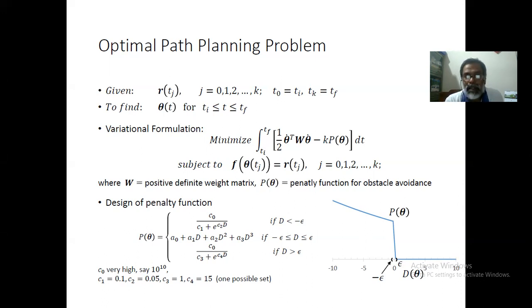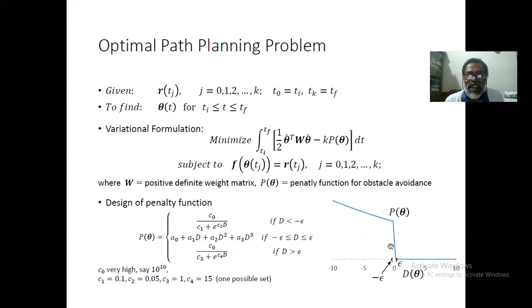Because you will need to minimize this if you use any derivative based method. And if you are going to make the first order necessary condition, the Euler's equation formulation, to put it in the form of a system of differential equations, then anyway you need to differentiate it. So you want this to be differentiable at least once.